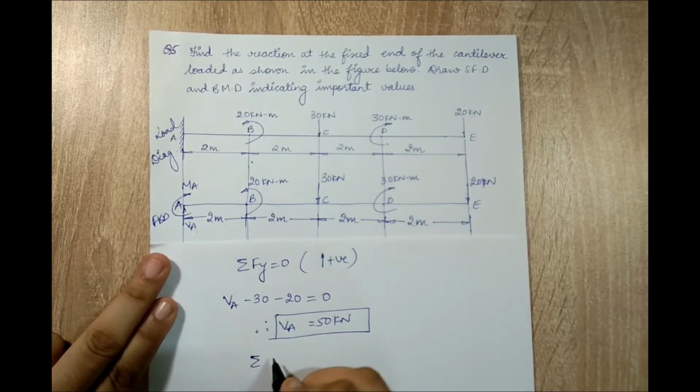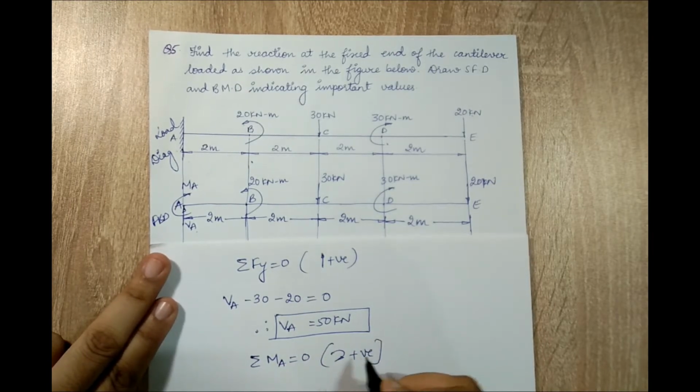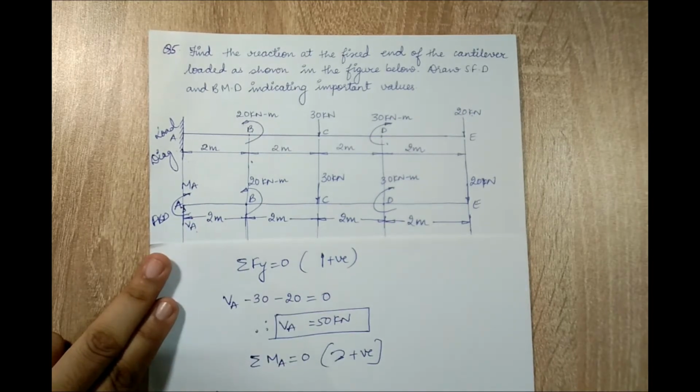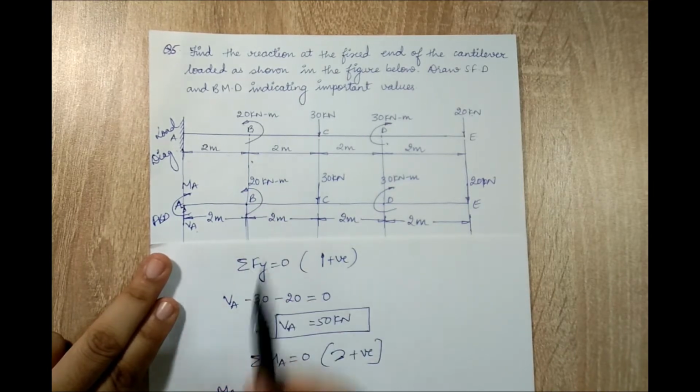Next I'll use the equation summation of moment about A is equal to 0. I'll take clockwise moment as positive. At end A, I can see a moment MA going clockwise, so I'll write it as positive. At B, there is a moment anti-clockwise, so I'll take minus 20.